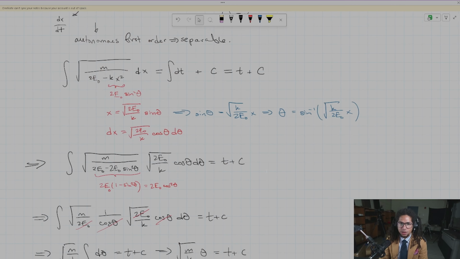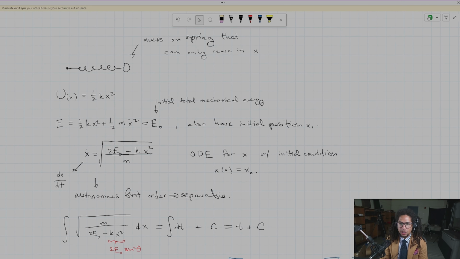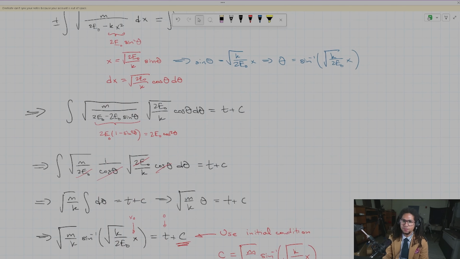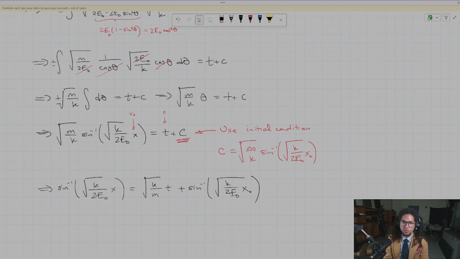And I'm actually going to make a correction way back up at the top, or just a clarification. Typically, when I say the square root, I always mean the positive square root of a real number. So I should really have put a plus or minus sign here. That means I should have a plus or minus sign all the way down, including in c, because now my initial condition will just match the sign.